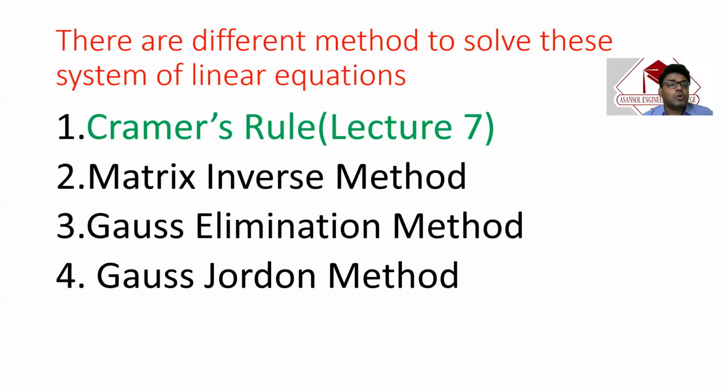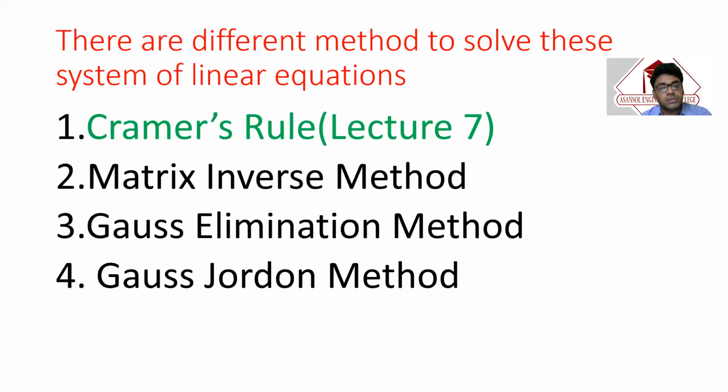Now today's topic is matrix inverse method, and this is a particular method. Why is it called a particular method? Because by matrix inverse method we can find only unique solution. We can't say anything about no solution or infinite many solution.